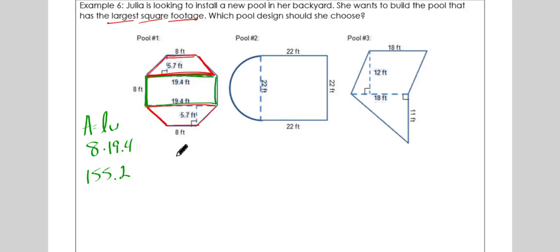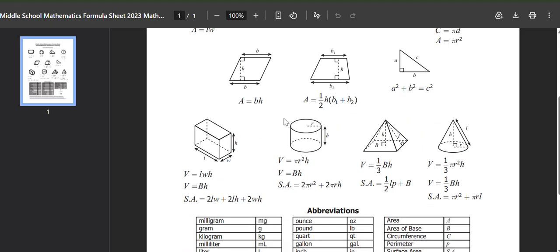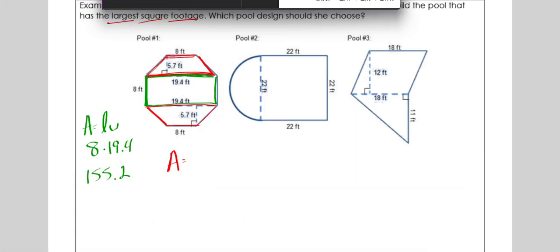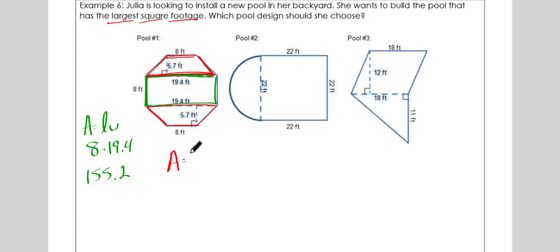All right, then for the trapezoid, remember area of a trapezoid. Keep coming back to the formula sheet. It's 1/2 times the height times base 1 plus base 2. We're going to add the two bases together and then multiply it times the height and times 1/2.